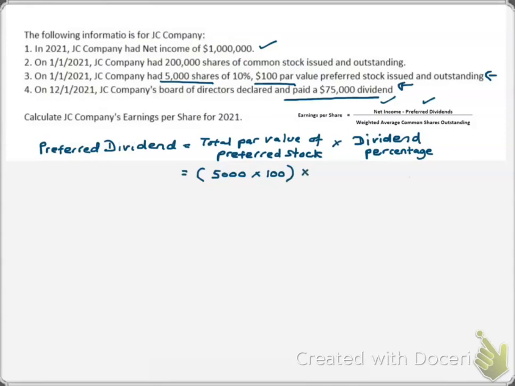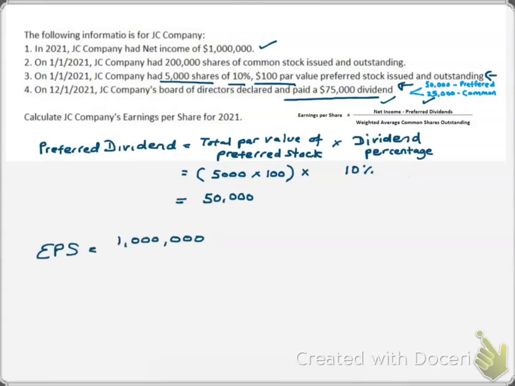And then you multiply by the dividend percentage, which is 10% that's stated in the question. That will give you $50,000 of preferred dividend. So the $75,000 dividend that the company paid will be split with $50,000 going to preferred stockholders and $25,000 going to common stockholders.